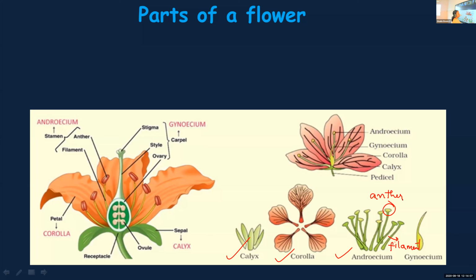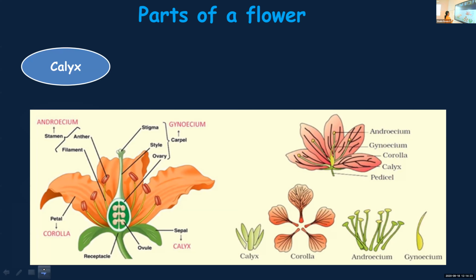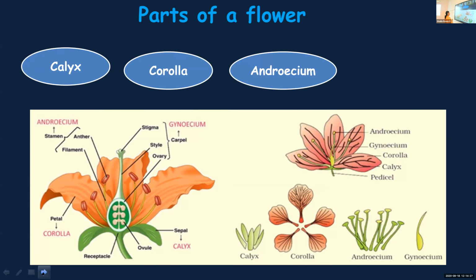Then gynoecium, different types are there, and here you can see the stigma, then the style, and then the ovary. So these are the different parts. So once again, calyx, corolla, androecium, and gynoecium. These are the four parts of the flower. We'll continue next class. Okay.